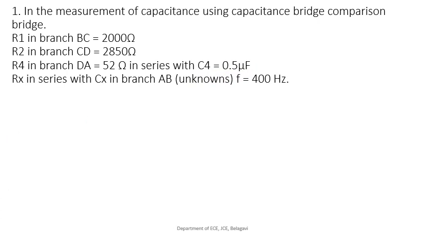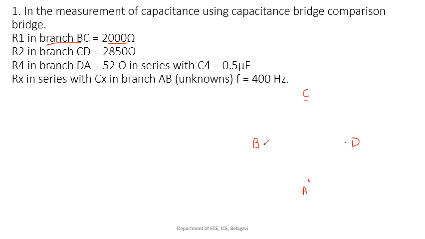So here in this case, if you draw the structure, let us say these are the 4 points: A, B, C, D. Now what they have written is branch BC is 2 kilo ohms.